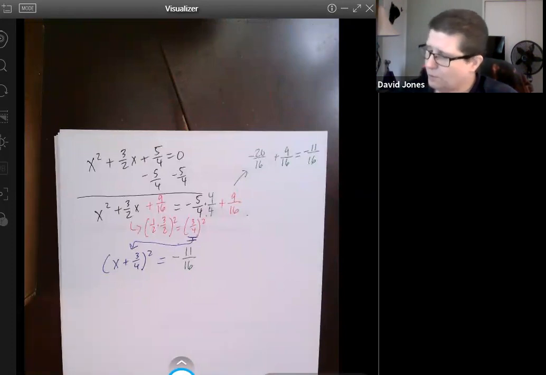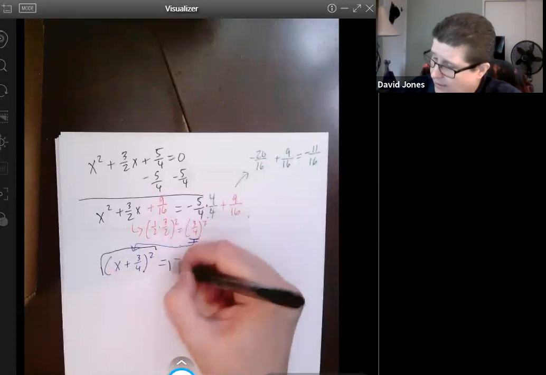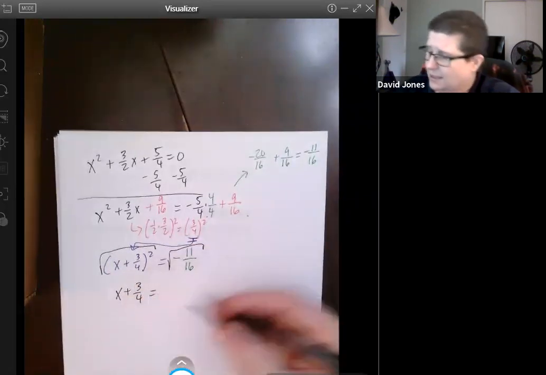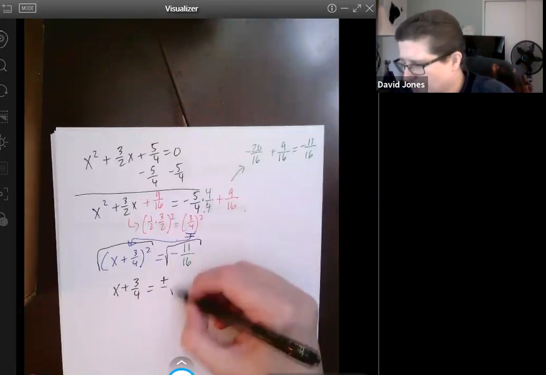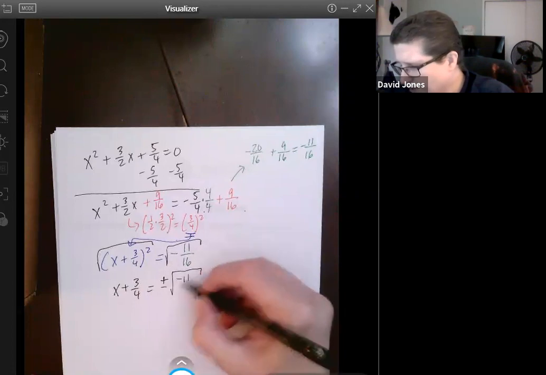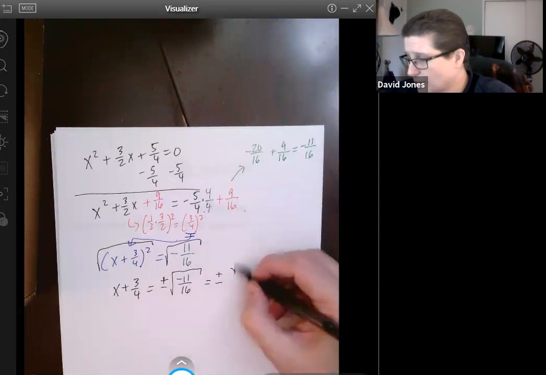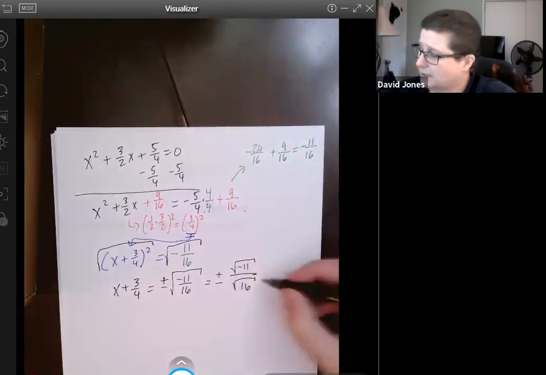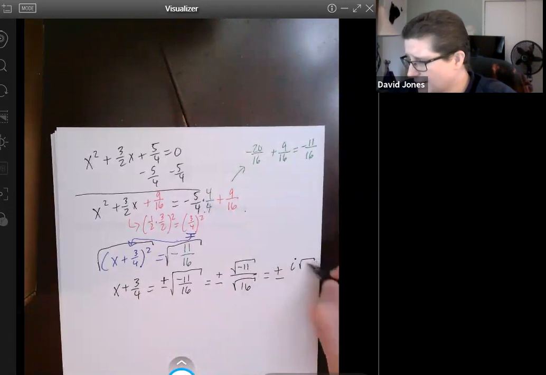We'll take the square root of both sides. The left side's simple as it is. The right side is plus or minus the square root of negative 11 over 16, which is plus or minus the square root of negative 11 over the square root of 16. On the square root of negative 11, I can make it i root 11 on top.